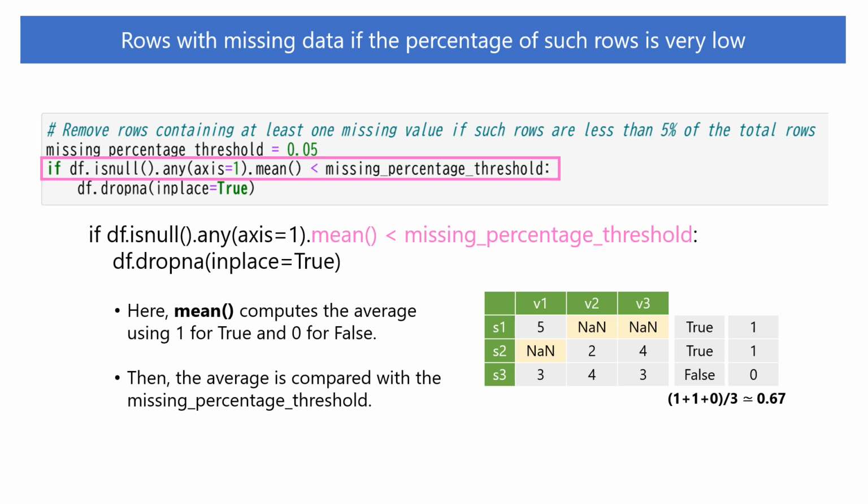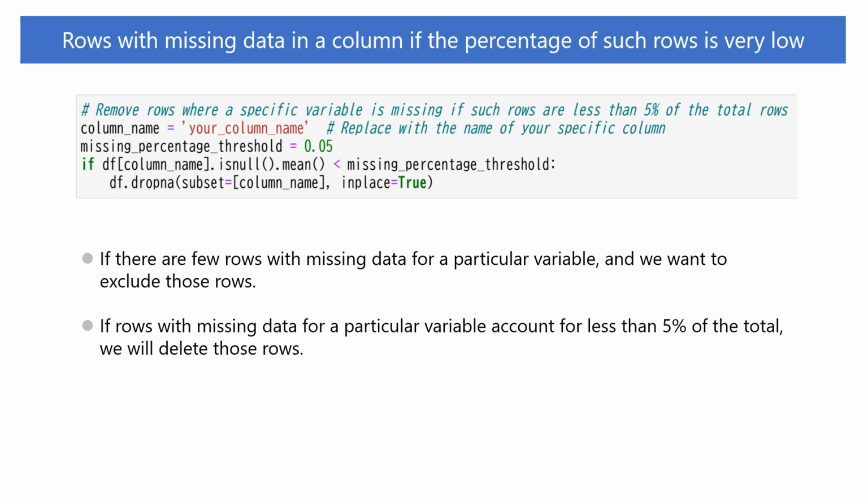In other words, the rows for which isnull.any(axis=1) returns True are deleted. In this simple example, 65% of the rows contain at least one missing value, so these rows cannot be deleted. The above operation deletes rows with missing values if there are few rows with missing values.